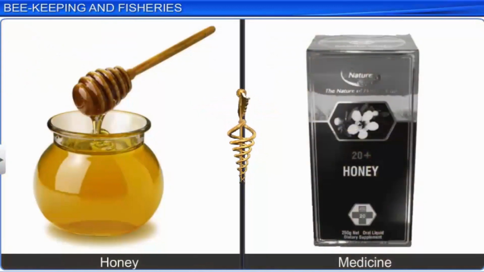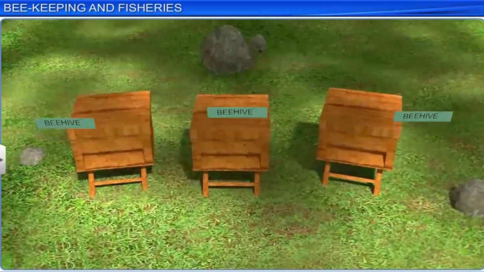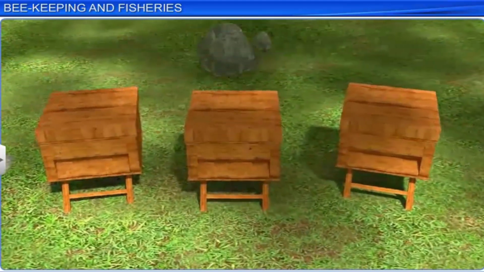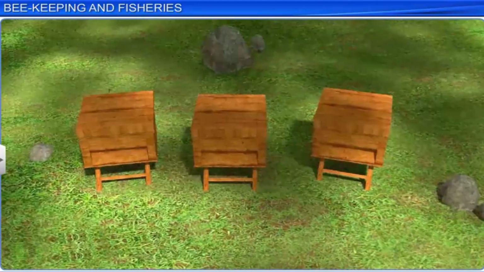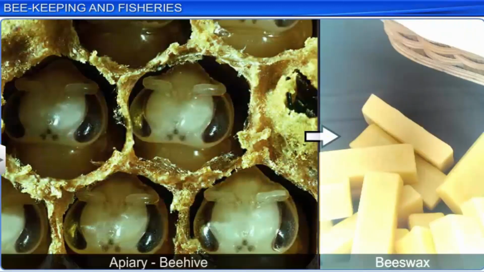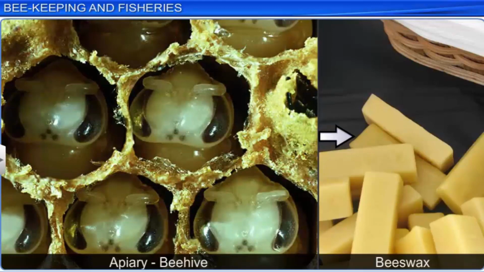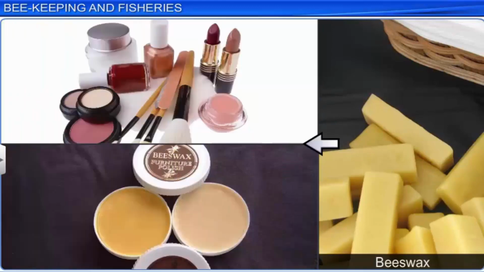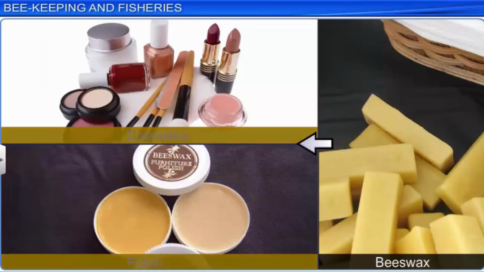Honey is highly nutritious and an important constituent of several medicines. Also, the apiaries in which honeybees live and nurture their young ones are a source of beeswax. Beeswax is used in cosmetics and polish.